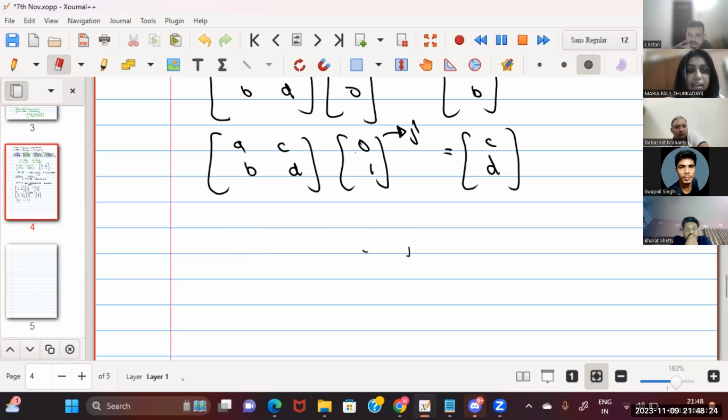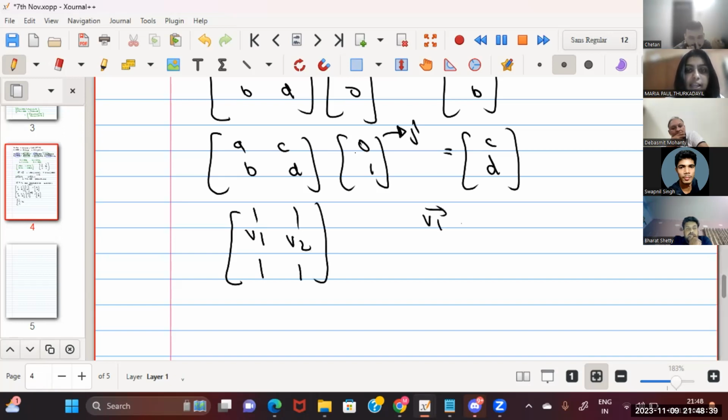When we apply a matrix to a vector V such that the norm gets preserved, we came to the conclusion that you can think of the matrix as having two columns. V1 is the vector where your I cap gets shifted to, and V2 is the vector where J cap gets shifted to.